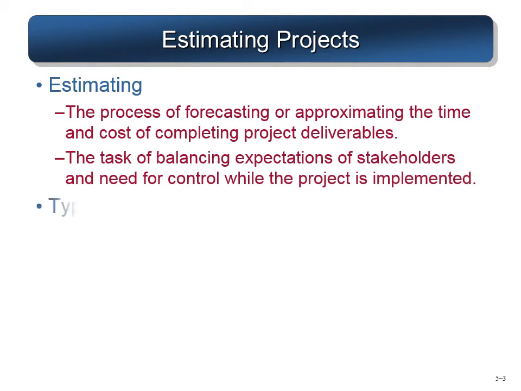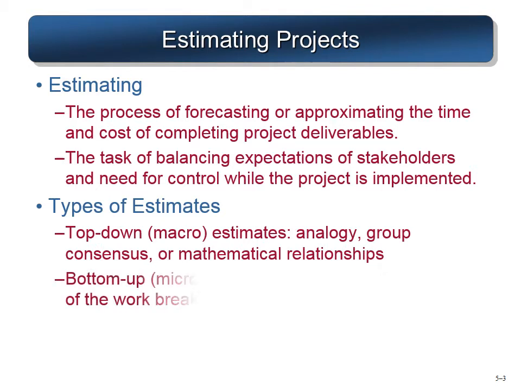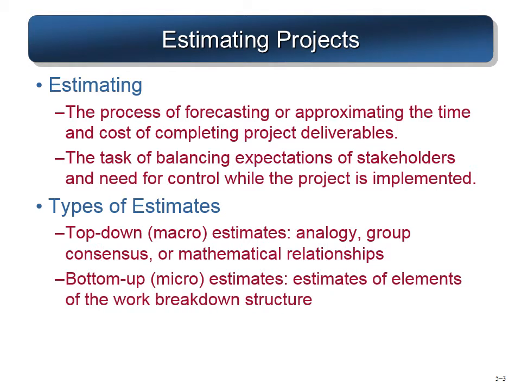Estimating a project is needed so that both the stakeholder and the project manager can understand the approximate cost of the project. Estimating a project is projecting the cost and also the time. The estimation can be done by the top-down approach and the bottom-up approach.